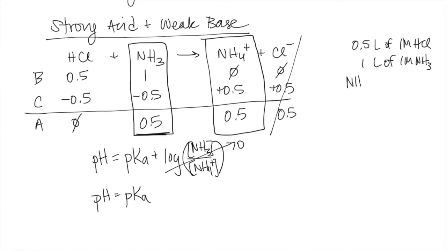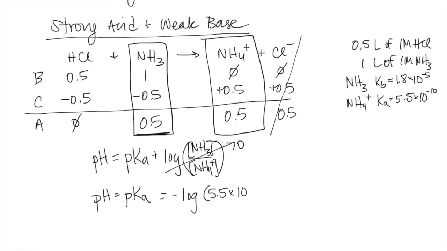NH3 has a Kb of 1.8 times 10 to the minus 5. That means NH4+ has a Ka, which is just Kw over Kb, of 5.5 times 10 to the minus 10. So all I have to do is take the negative log of that, which gives me 9.26 for my pH.